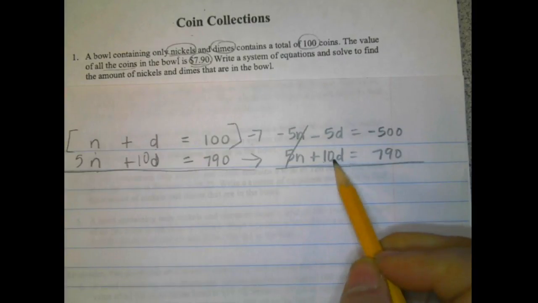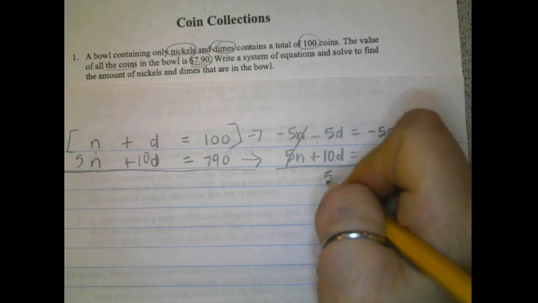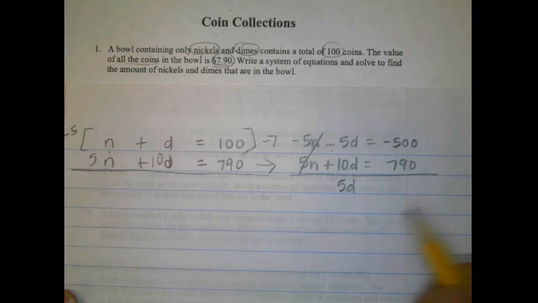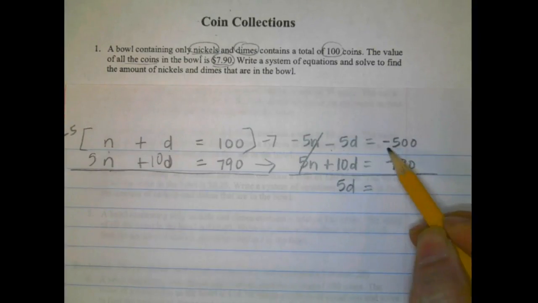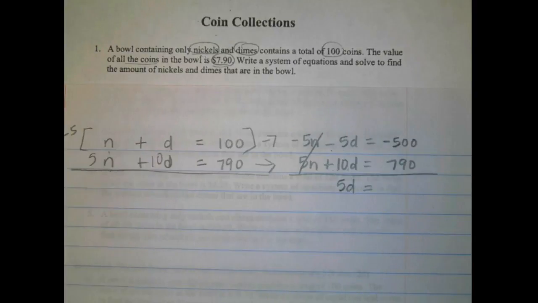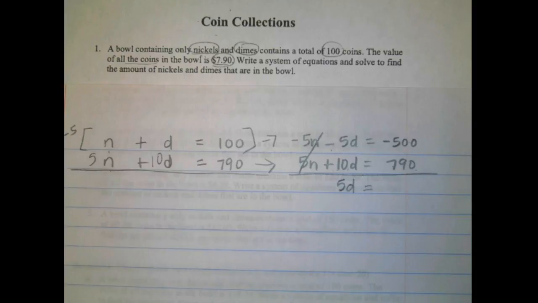What is 10 plus 10d minus 5d? So it's going to be 5d. All right, so 5d is equal to, and again, I have a negative and a positive, so I'm going to do some subtracting, right? Can I just say 790 minus 500? I can.